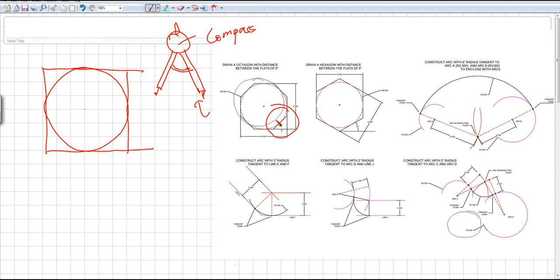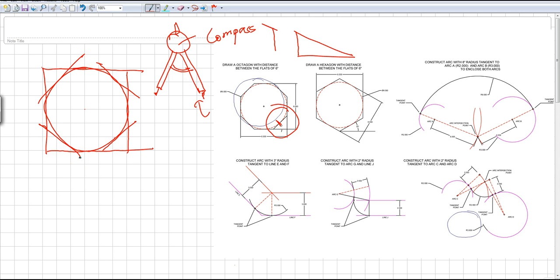So I would put my triangular scale, remember I talked about the triangle? It looks something like that. I put it right about here, which is at a tangent to the circle, and draw an angle of 45. Same thing, I would do it on this side as well as this side and that side.